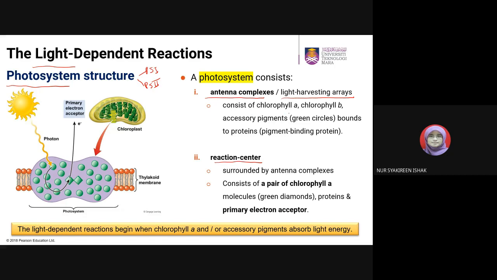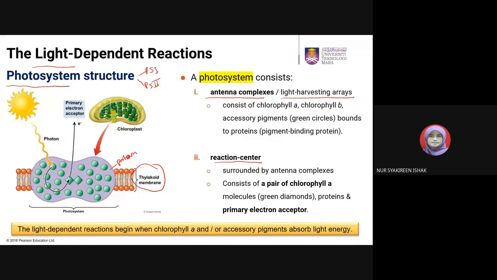So the antenna complex consists of chlorophyll A, chlorophyll B and accessory pigments bound to protein. So kalau tengok dalam gambar ni adalah protein. Okay, protein where all the photosynthetic pigments are bound to and they are embedded in the thylakoid membrane.